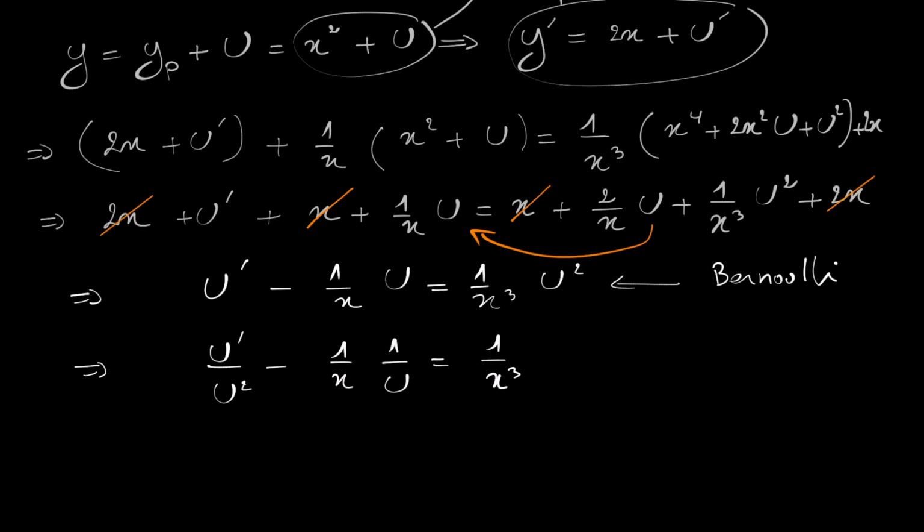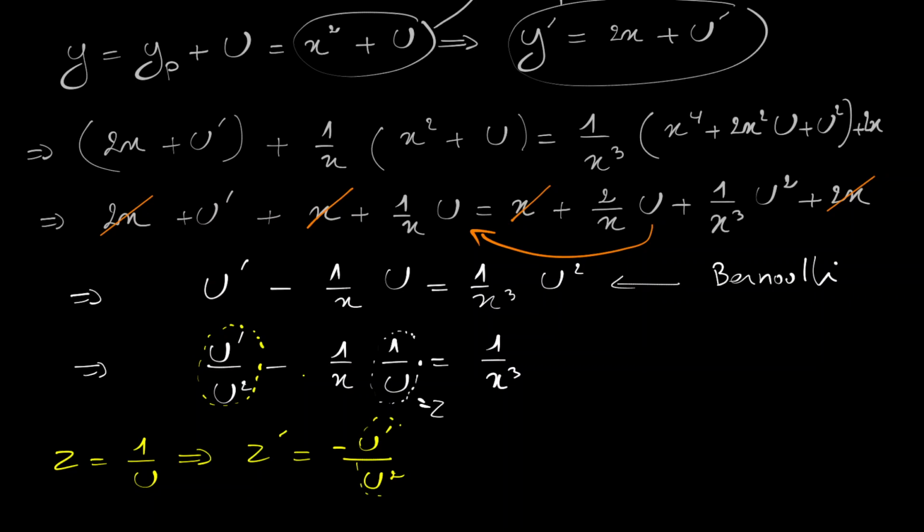We obtain this. We use the substitution z equals 1 over u. We calculate the derivative, which is minus u prime over u squared. We have the same term multiplied by minus 1.